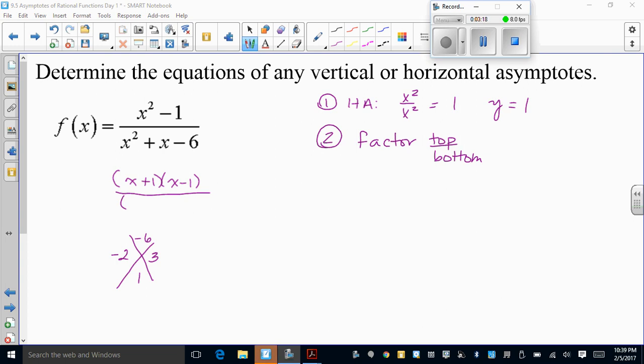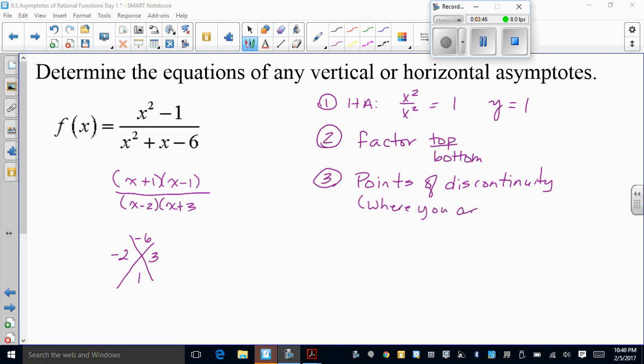Okay, so points of discontinuity. This would be where you can reduce. I know it doesn't say to find this, but you have to know how to get these anyways.